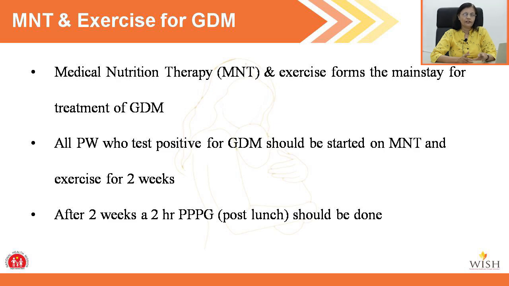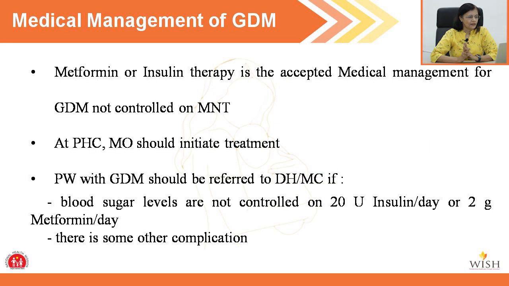If it is well controlled after medical nutrition therapy, then that should be continued. But if it is not controlled, then we have to go for pharmacotherapy in these patients. And the medical officers who are posted at the PHC can easily initiate this treatment.